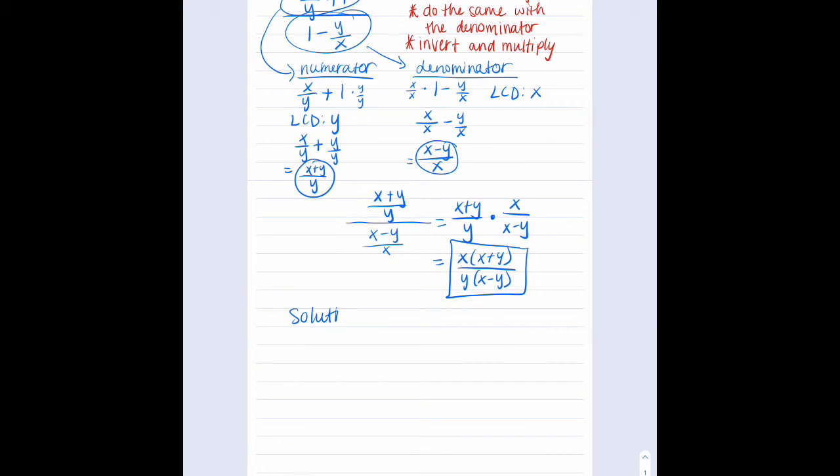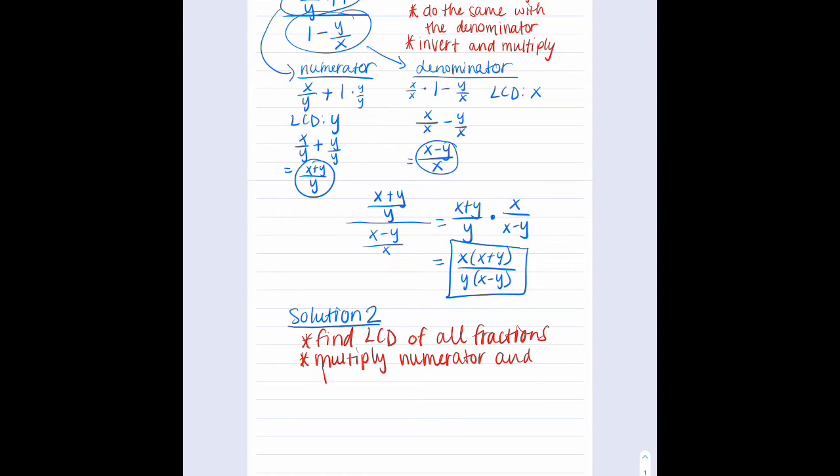Solution 2 is find the LCD, least common denominator, of all fractions. Then you multiply numerator and denominator by that.